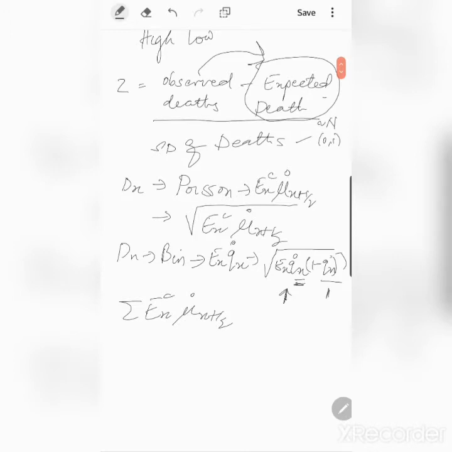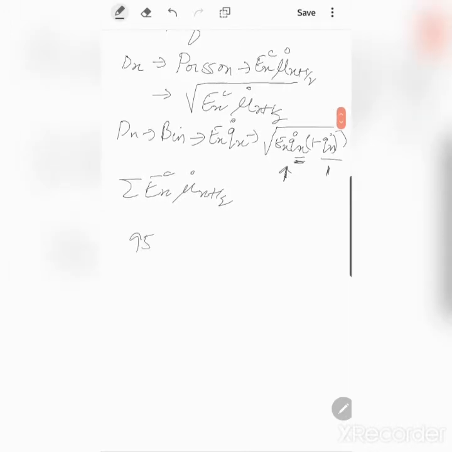If I'm looking at a 95% confidence interval, and the z value goes below minus 1.96 or goes greater than 1.96, I will reject the null hypothesis.